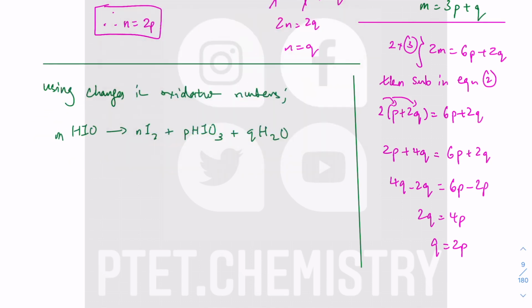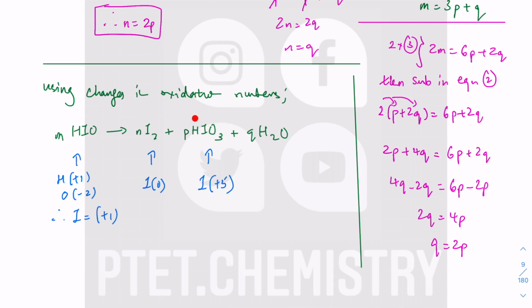Okay, so we know the hydrogen is +1, the oxygen is -2, therefore the iodine is +1, because +1 +1 -2, overall oxidation state of the compound is 0. This is iodine 0. This is iodine +5 because this is oxygen -2. There's 3 of them, so there's -6.